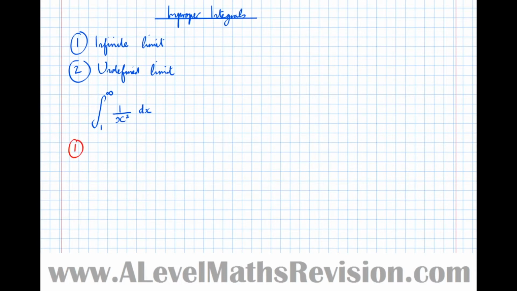So step one, in order to work this out in such a way that gets all the marks in an exam, first of all, we're going to replace the infinite or undefined limit with an unknown constant.